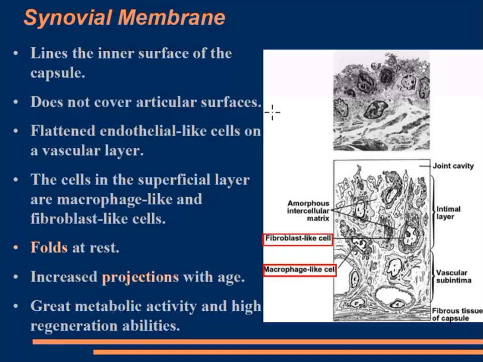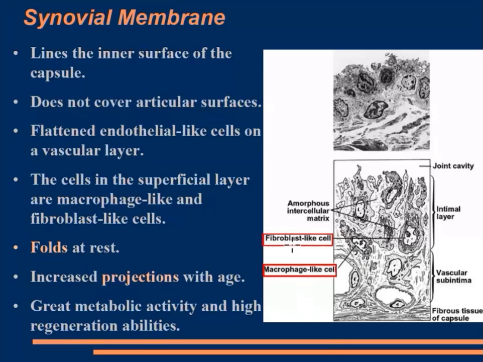The synovial membrane consists of a layer of flattened endothelial-like cells that rest on a vascular layer. We call this the superficial layer, made of two types, macrophage-like cells and fibroblast-like cells. The macrophages are phagocytic, and the fibroblast-like cells are for extracellular matrix synthesis.